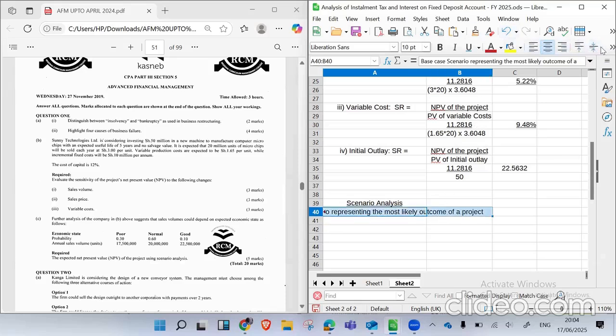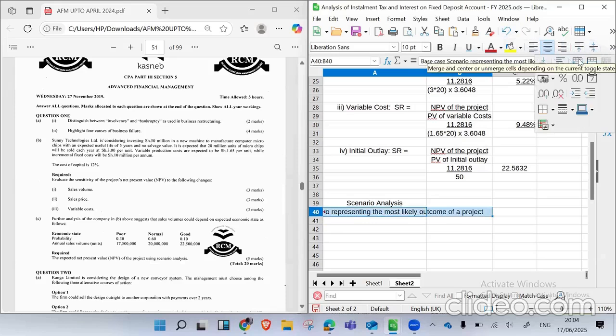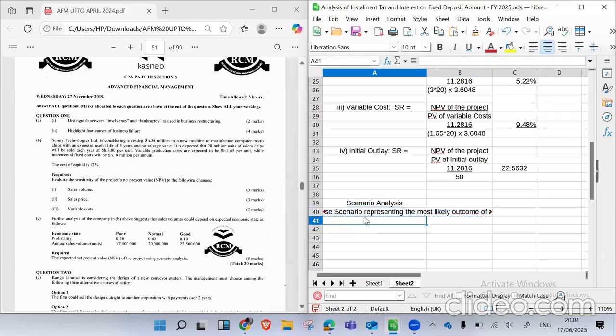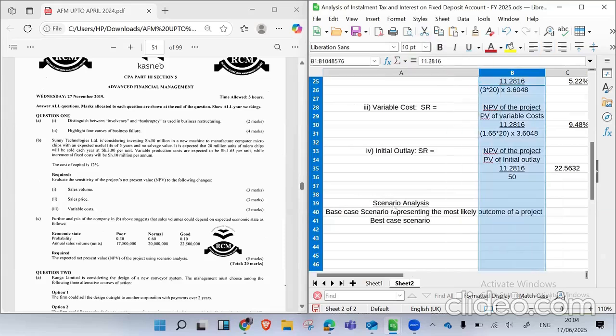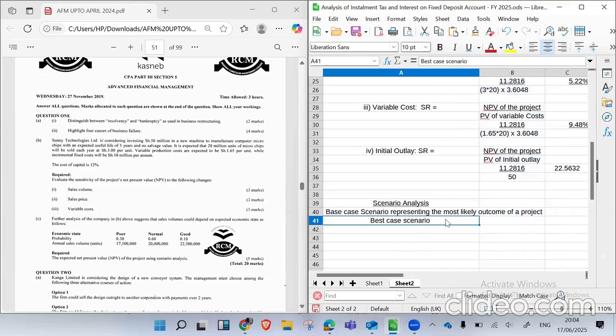We have number 2, the best case scenario representing the most optimistic outcome of a project.